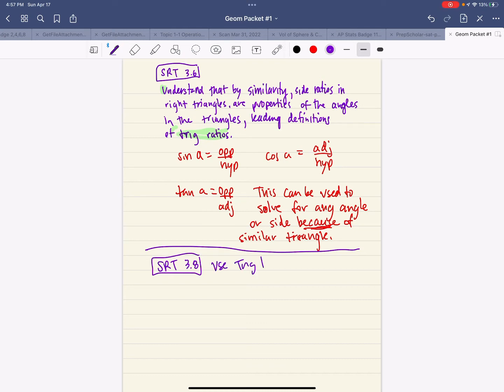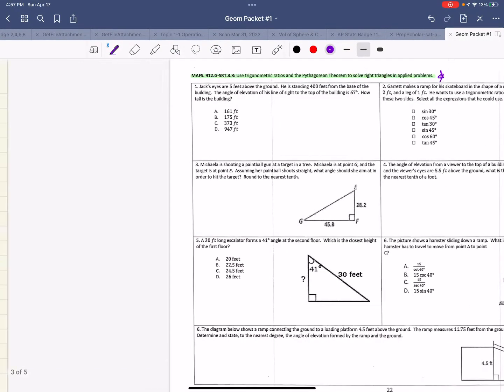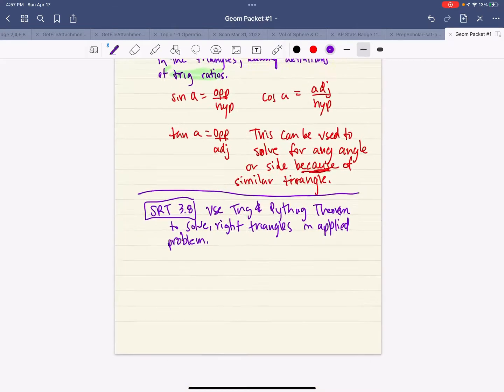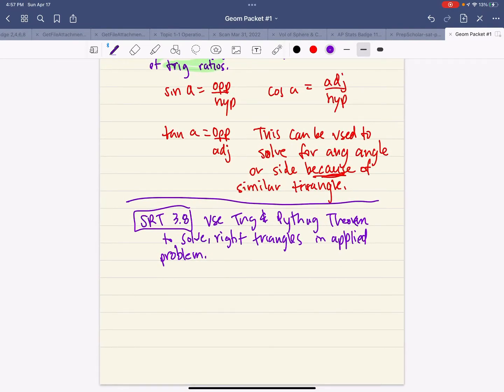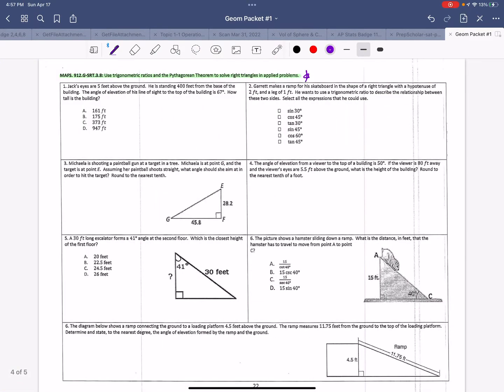Use Trig and Pythagorean theorem to solve right triangles in applied problems. So that means word problems. Solve for actual things out in the world, in the sky, on the ground, using Trig, not just math problems that don't have purpose or meaning. Okay, so let's see if we can do that.